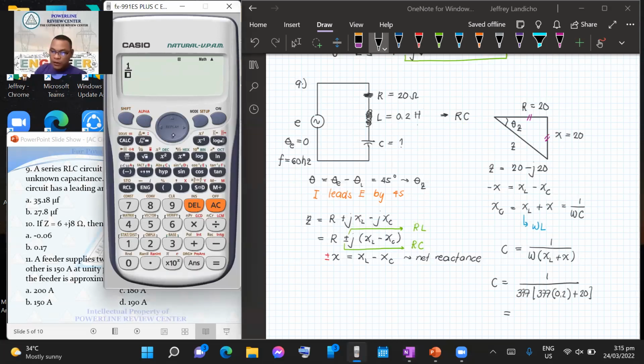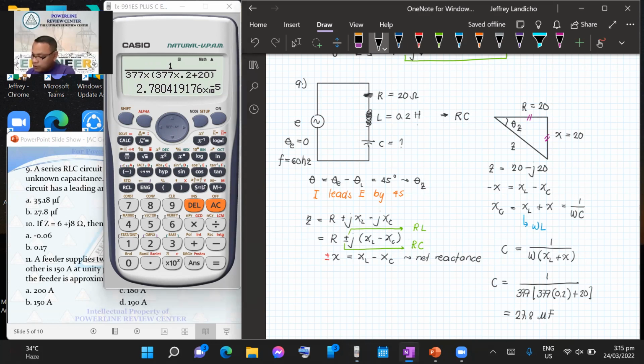You have 1 over 377 times the quantity 377 times 0.2 plus 20. So the capacitance would be 27.8 microfarad.